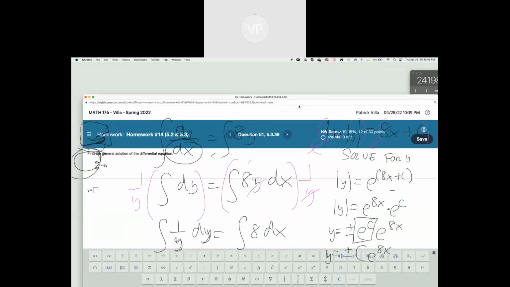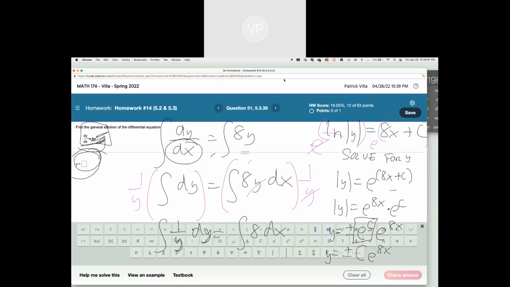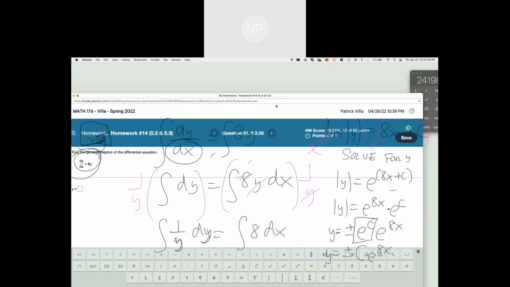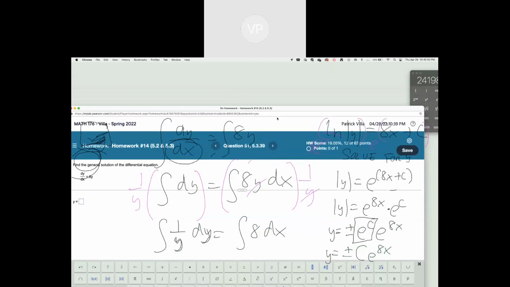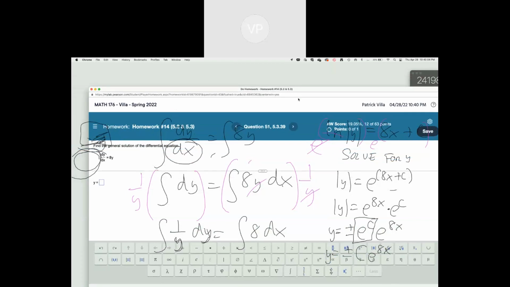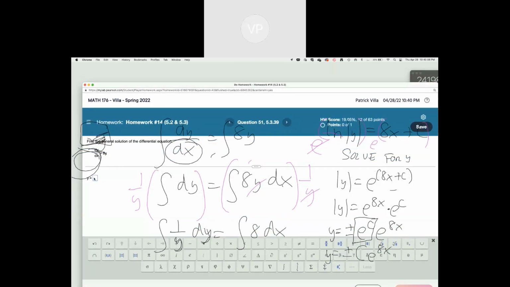I'm not seeing a plus minus. I swear you guys had a plus or minus. Let me do this. Okay, x can be anything, constant can be anything. I wanted to put that plus or minus, but I don't know if I am just blind to it right now. Okay, let's try this.